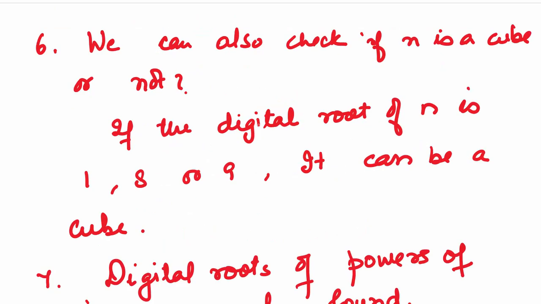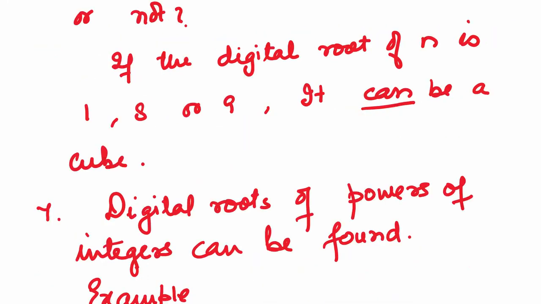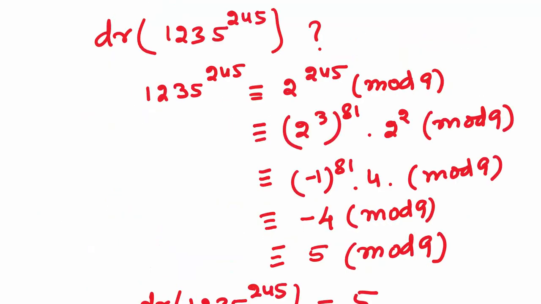We can also check if n is a cube or not. If the digital root of n is 1, 8 or 9, it can be a cube. Remember, we are saying it can be a cube. Digital roots of powers of integers can be found. If we want to find digital root of 1235 raised to the power 245, how will we do that?